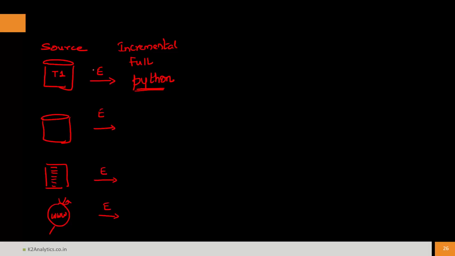For any data that has to be extracted, we have to give it two things. The source name. Now, this source database is one. However, from this source database, we may have to extract T1, T2, T3.